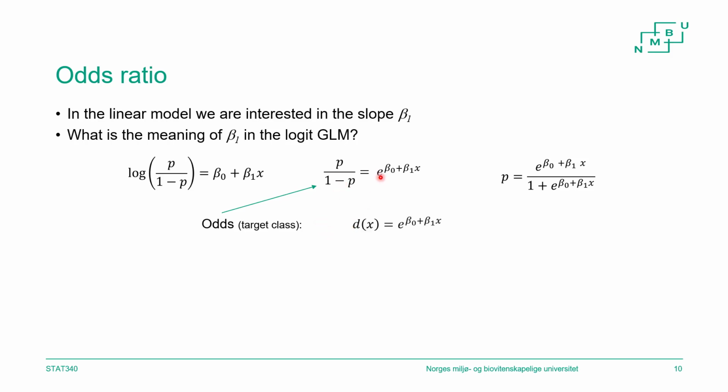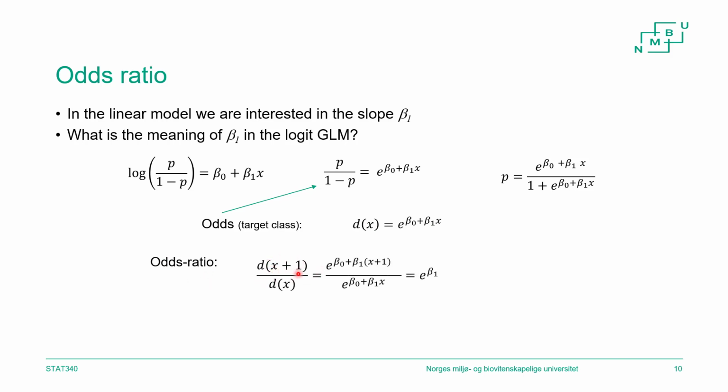And in this concept here, if we call the odds just d of x, as a function of x, this is the odds as a function of x. So this changes by x. The odds ratio is now exactly this one here.